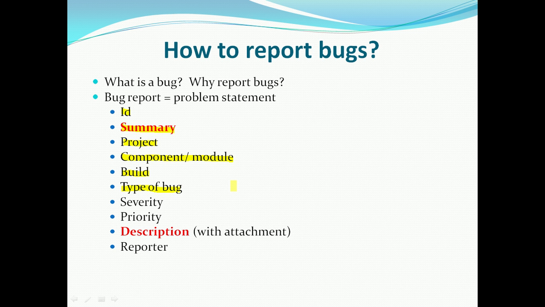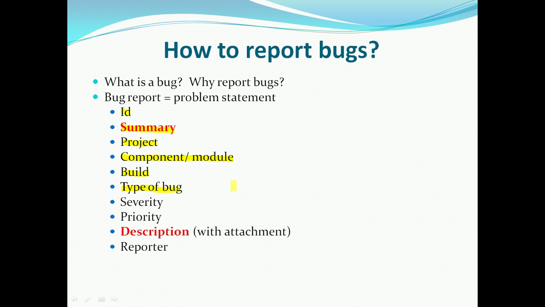Another example of a non-functional bug is a security bug. Maybe you were able to bypass the security mechanism in the system, and able to see data which you should not have seen, or able to run functionality which you should not have run, depending on your privileges.